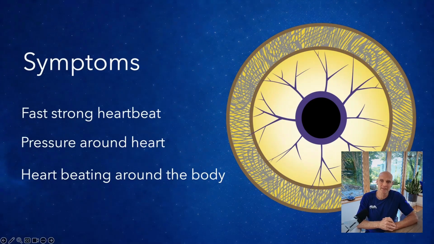Now, when it starts coming online, not everybody feels this, by the way, but quite a lot of people, enough people to know that it's a symptom of the male organ. Quite often you will get heart palpitations. A very fast, strong heartbeat is a very common sign that the male organ is starting to function.